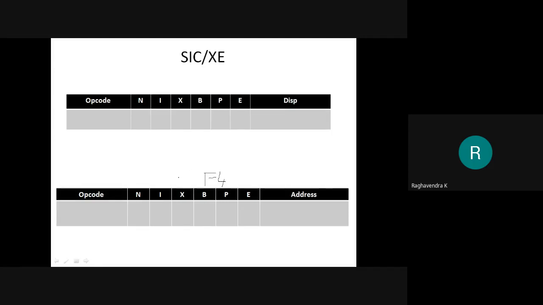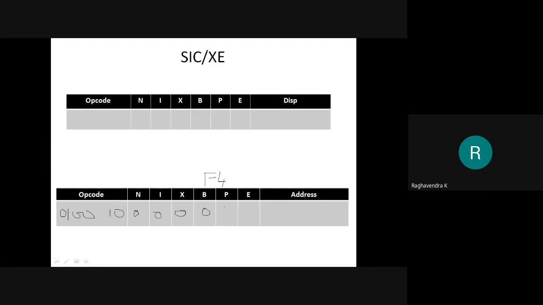So it is 48 for opcode: 0100, and 8 is 1000, right? So 1000 10 0 0. I'm not using indexed, as usual, so it is 0. I'm not using base also.